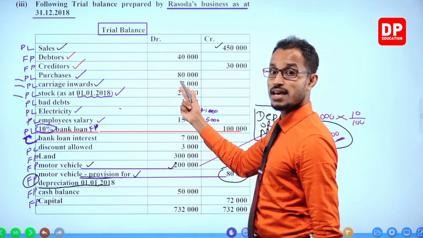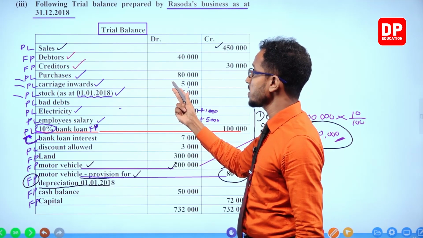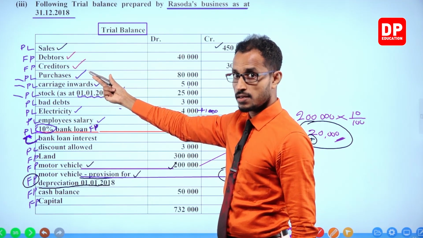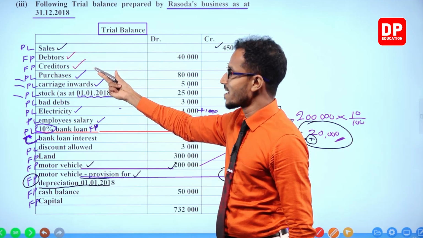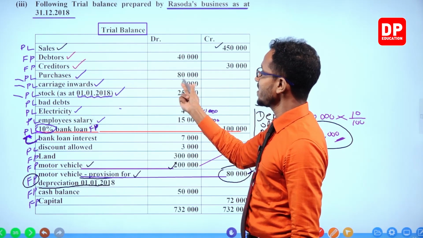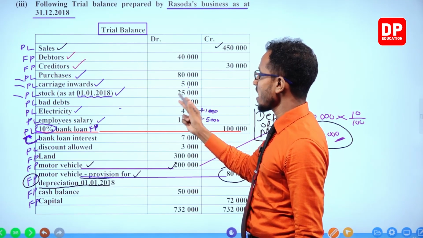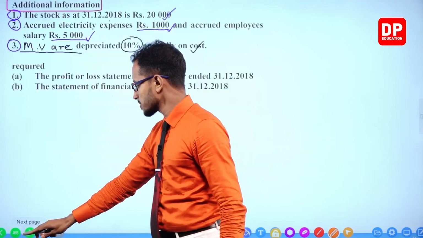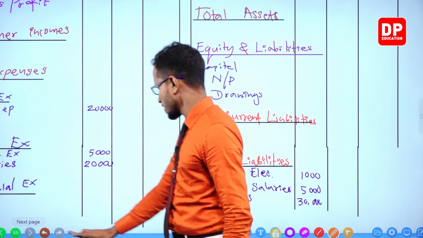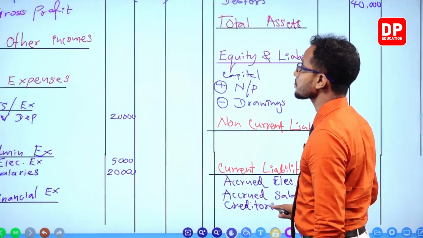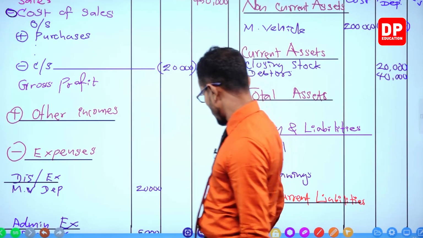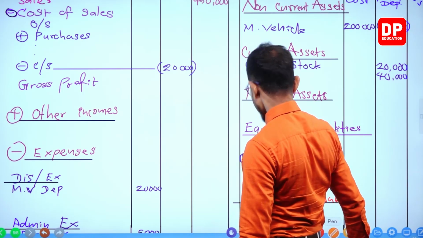See how easy now, because we have labeled already. Yeah, 80,000, 5,000 and 25,000. Purchases, carriage inwards and opening stock. All 3 items should be on top.